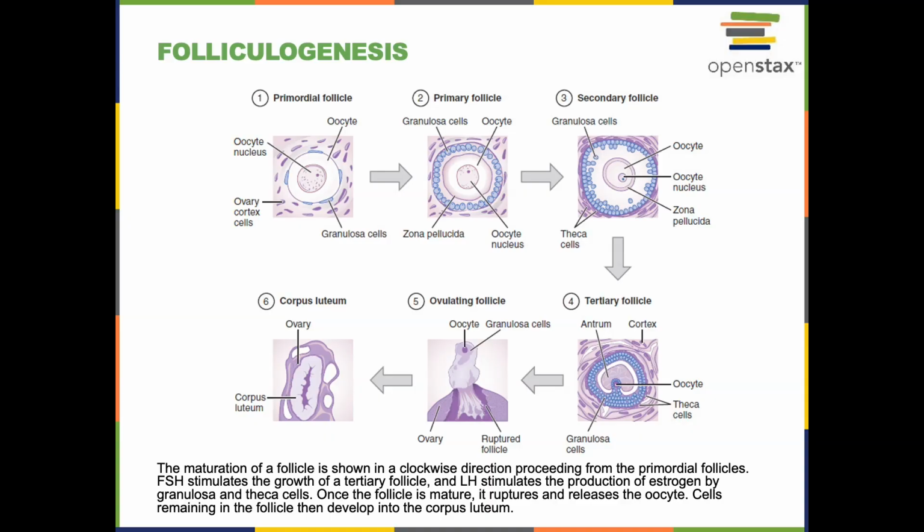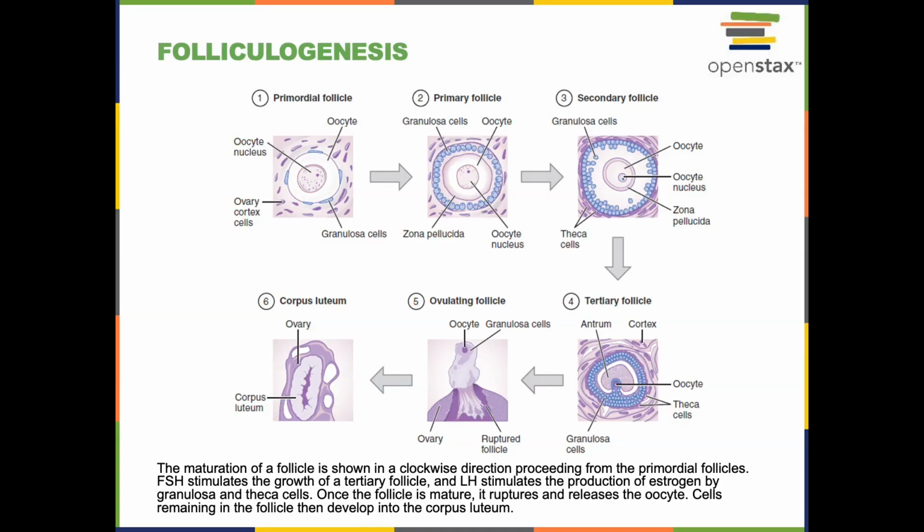The whole process of maturation from a primordial follicle to a tertiary follicle will take a couple of months, but then the tertiary follicles will either continue as the selected follicle that will enter ovulation, or the tertiary follicle will be degraded in a process known as atresia.